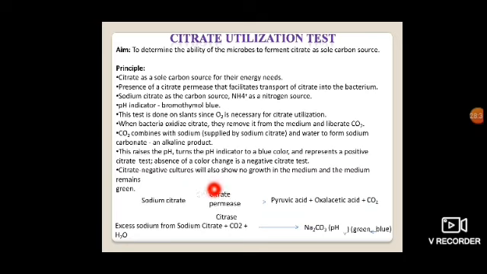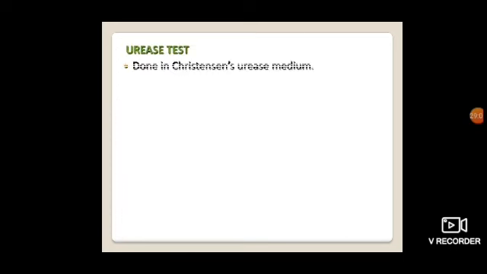Here, in the reaction, sodium citrate is utilized in the presence of citrate permease, forming pyruvic acid, then oxaloacetic acid and CO2, and the color converts from green to blue. That conversion shows the utilization of citrate.